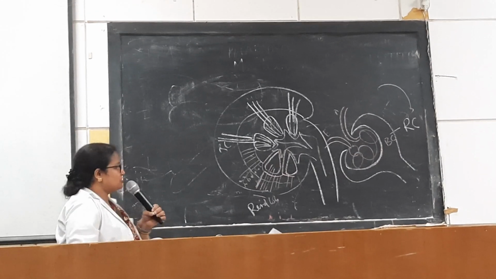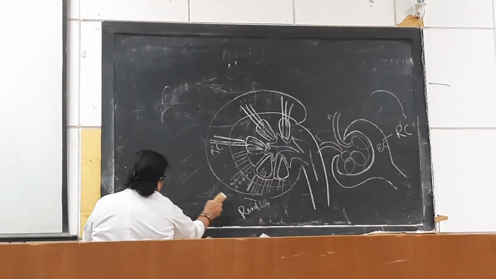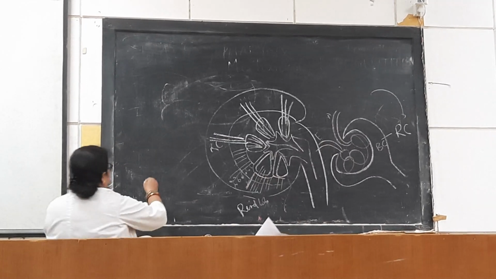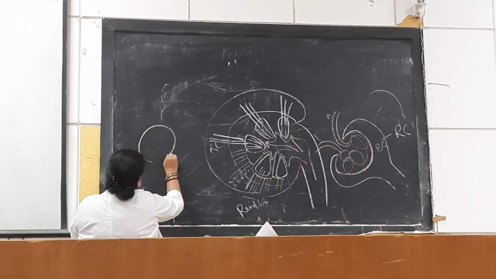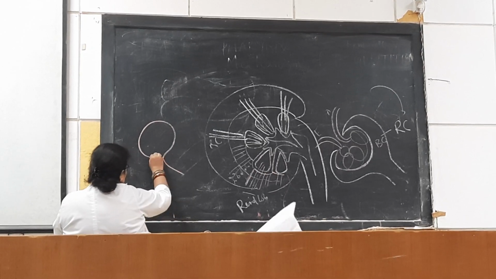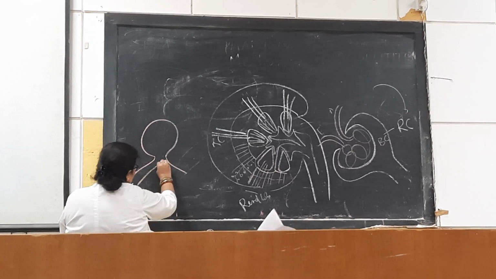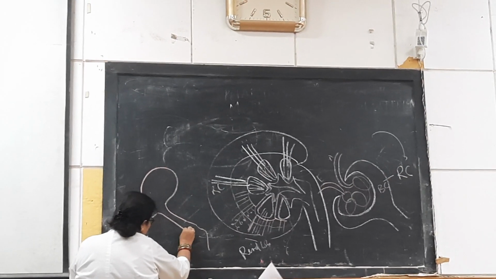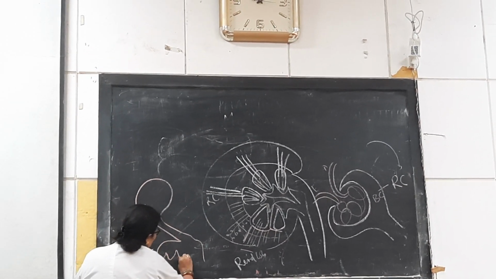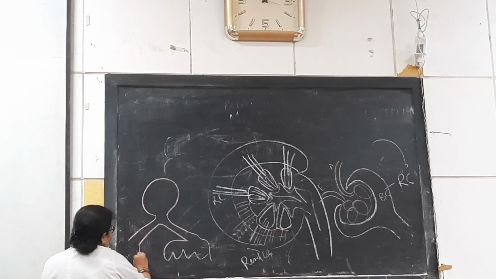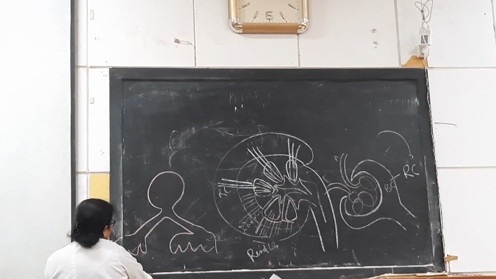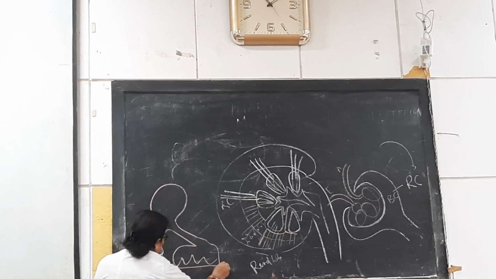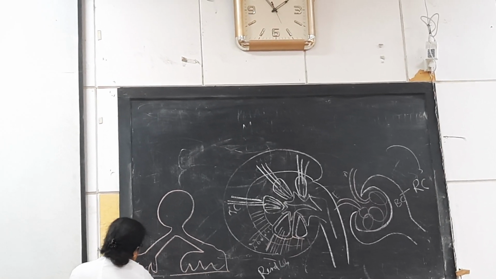So what is called a filtration barrier? So this is one podocyte. It has primary foot processes and secondary foot processes, and it lies over the basement membrane.